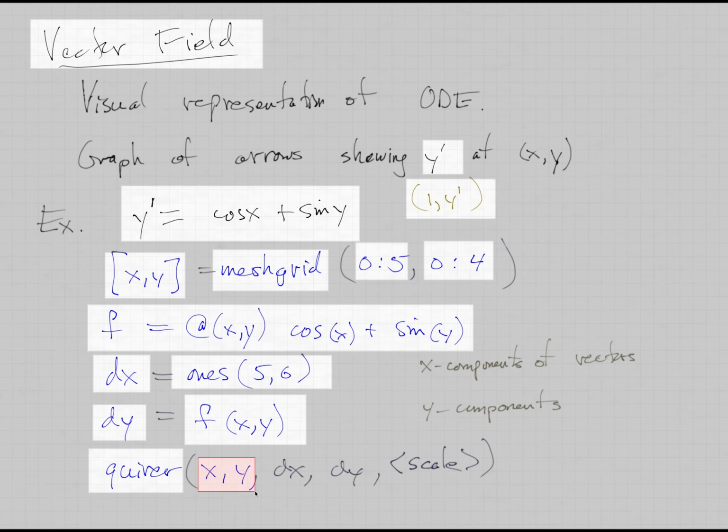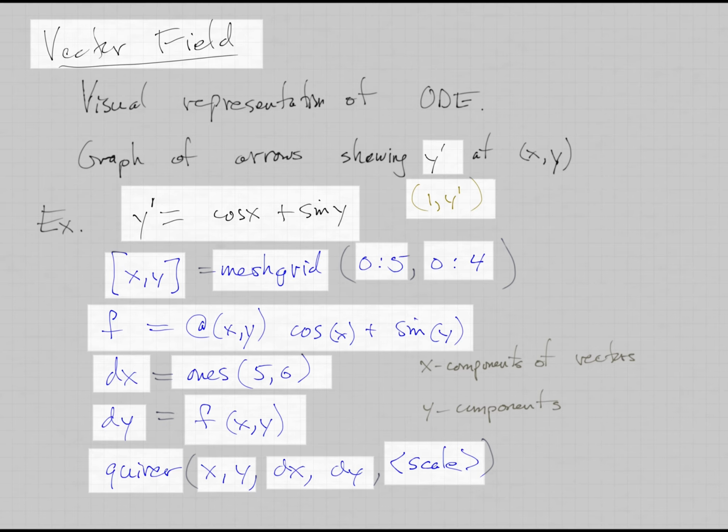The first 2 inputs are the x and y coordinates. The second 2 inputs are the x and y components of the vector field, and the 5th optional input is a scale factor. You can make the arrows bigger or smaller to please your eye. Sometimes if the arrows are too big, they seem too crowded, and if they're too small, they're hard to make out, so you can scale things up or down with that last entry.